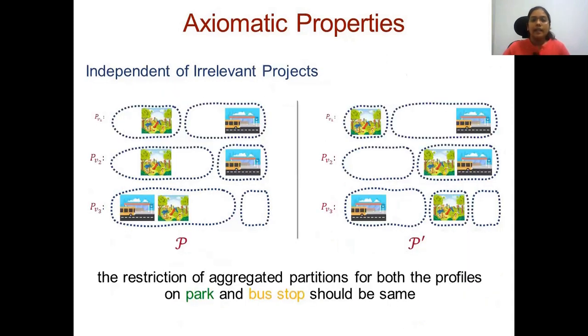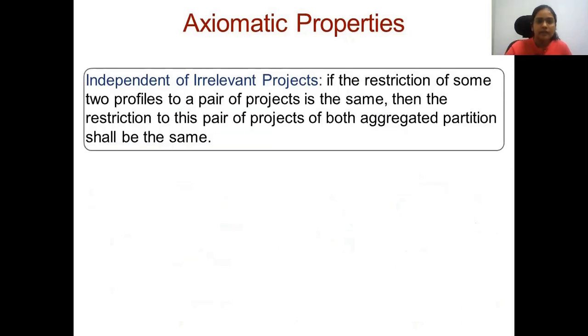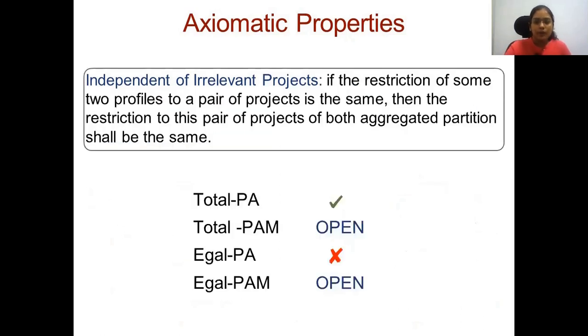Then if we restrict the aggregated partitions of both profiles to Green Park and bus stop, they should be the same. We proved that total PA satisfies this property, while egalitarian PA does not satisfy this property, and the question remains open for total PAM and egalitarian PAM.